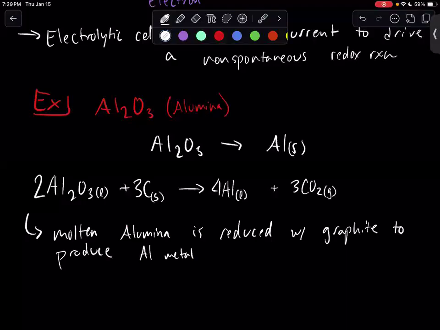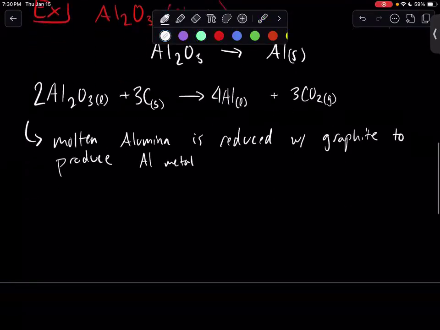And again, that'll be molten in the liquid state, seen here in our products, but we let it cool down and then we have our solid aluminum. So this process must happen via electrolysis.